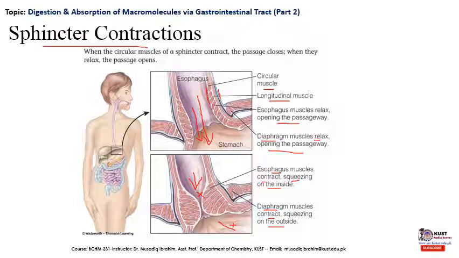So as a whole, you can see that here the diaphragm muscles have contracted along with the esophageal muscles, and as a result the passage of the food to the stomach is blocked.